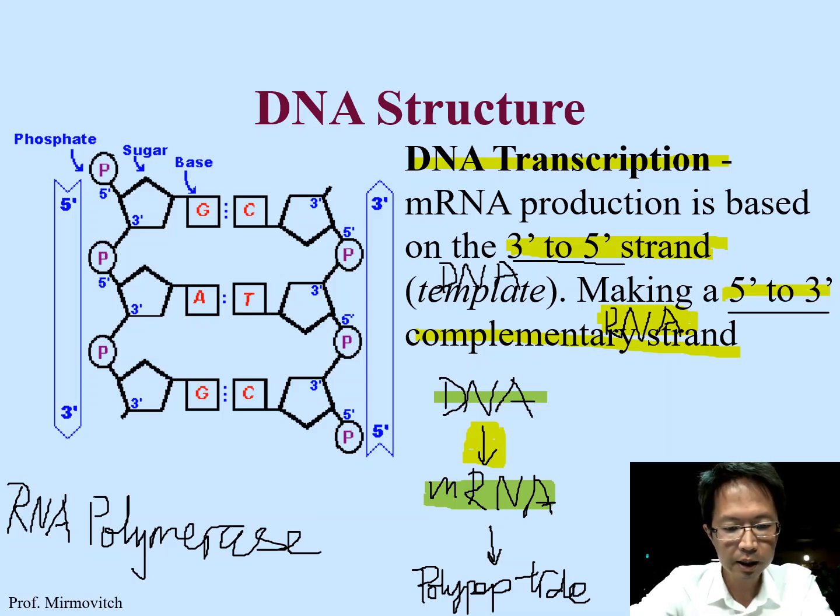As you can see, it ends with ASE. When you see a biological term that ends with ASE, that means it's an enzyme. So what does this enzyme do? Very simple. This enzyme makes an RNA polymer.